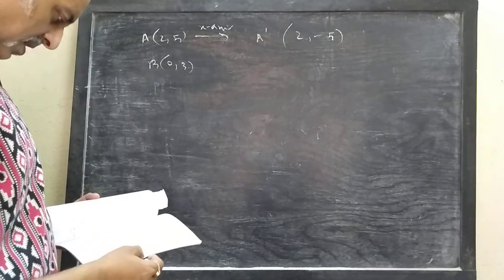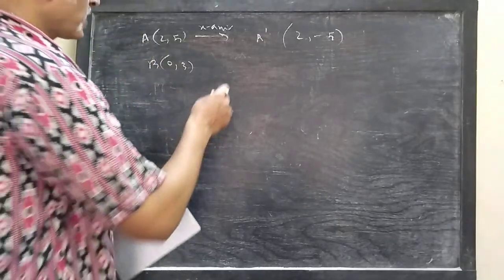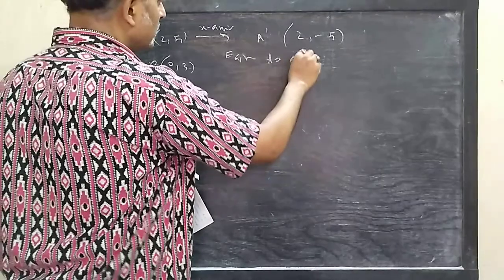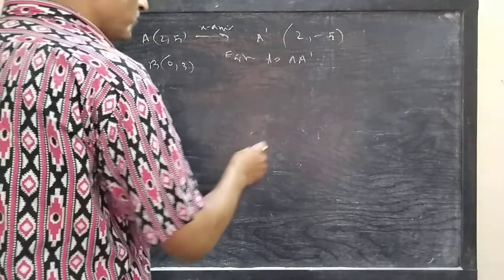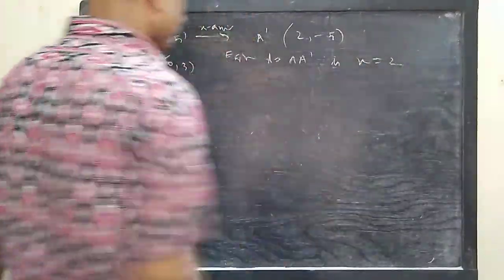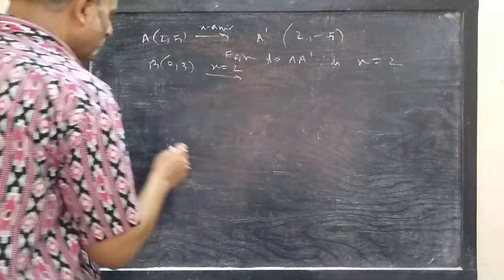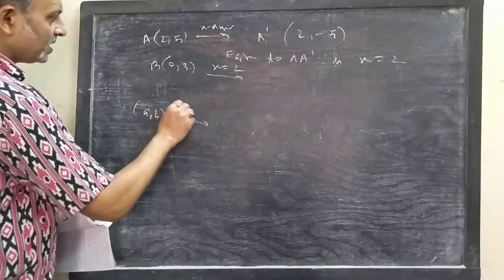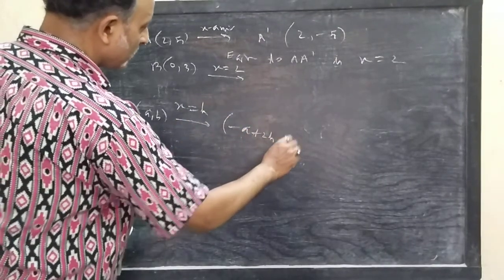Next, the image B dash of B under reflection in the line AA dash. Now, what will be the equation of AA dash? Look, x equals 2 remains fixed. So the equation of AA dash is x equals 2. So you have to reflect B (0, 3) in the line x equals 2. Recall the formula. When (a, b) is reflected in x equals h, then it goes to (-a + 2h, b).